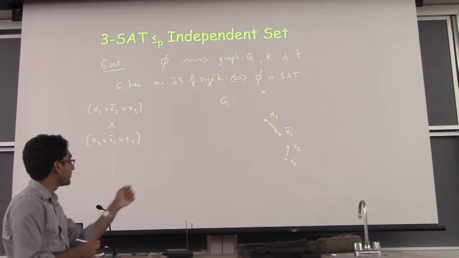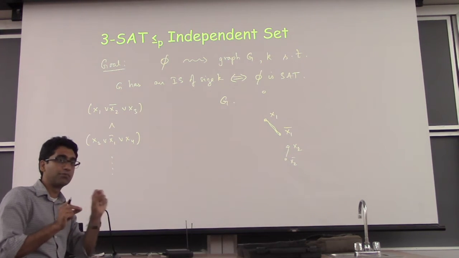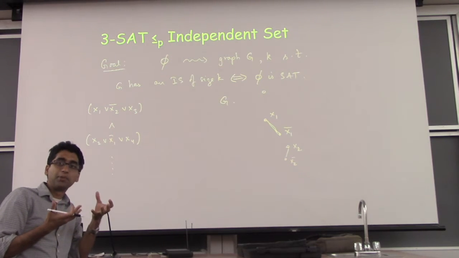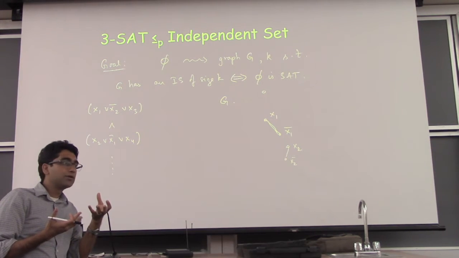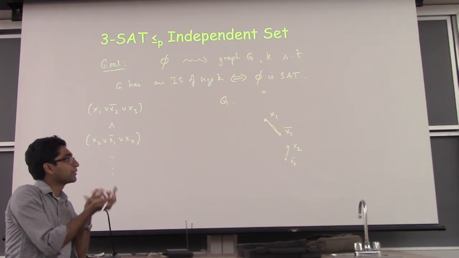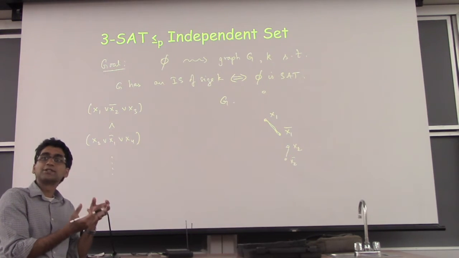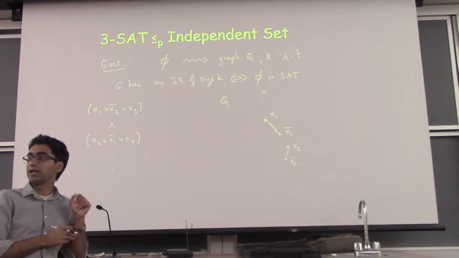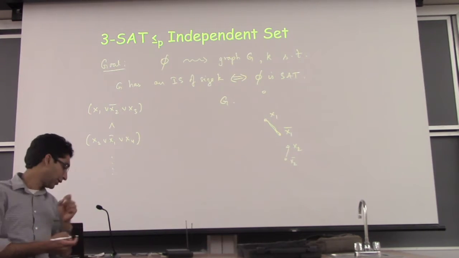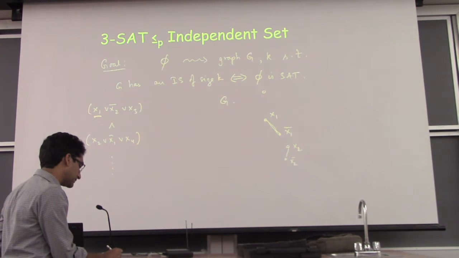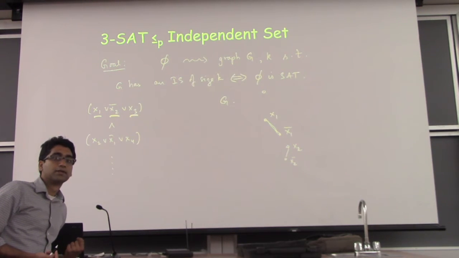So any independent set will try to pick only one of them, so in some sense this is an assignment. Okay. But you'll quickly see, how do I incorporate clauses into this? Right, so there's no easy way of incorporating clauses into this, because a clause is like one of these things at least should be satisfied.